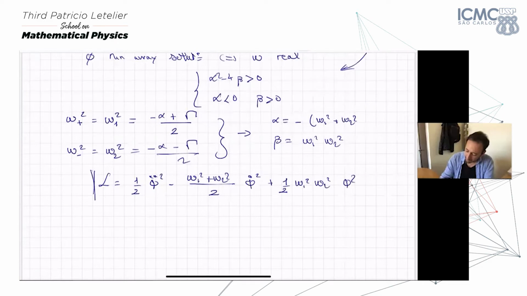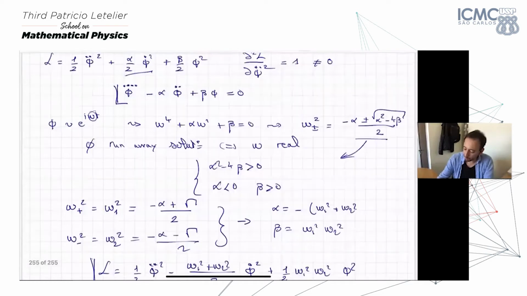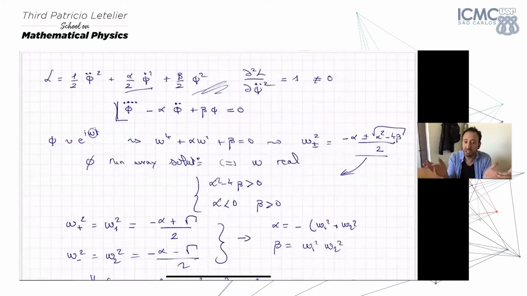And this is actually a famous model, which is called the Pais-Uhlenbeck oscillator. So we started with some theory of the following form, where alpha and beta can take any value.